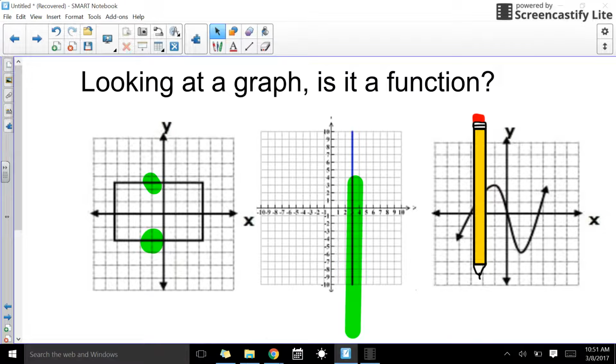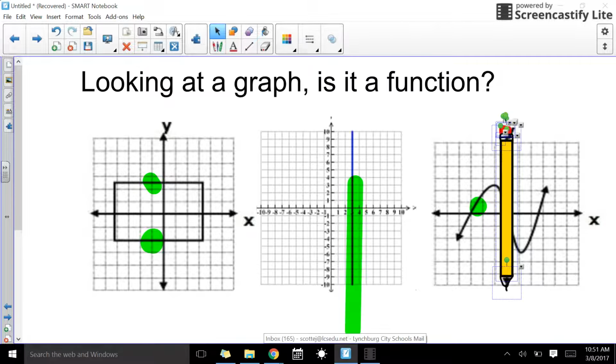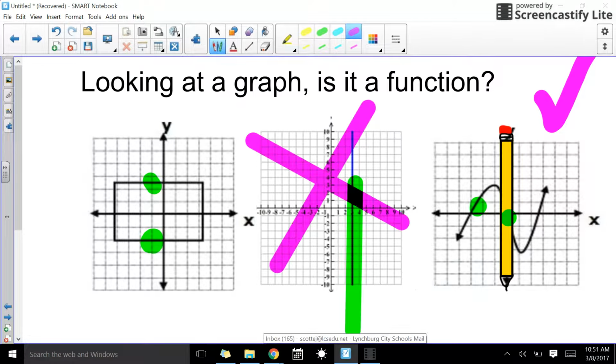Okay, when I look at this, it is only touching my pencil in one spot here. And if I move my pencil over right here, it's still only touching in one spot. This can be a function. These are not functions because they touch my pencil more than once.